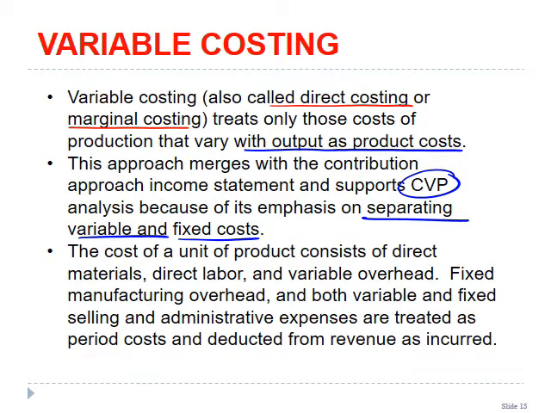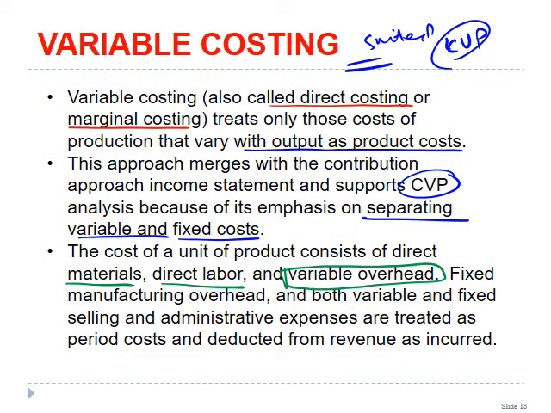So this is suited for CVP analysis. Here the cost of a unit of product consists of direct material, direct labor, but only the variable part of manufacturing overhead. Fixed manufacturing overhead, and both variable and fixed selling and admin expenses, are treated as period cost.